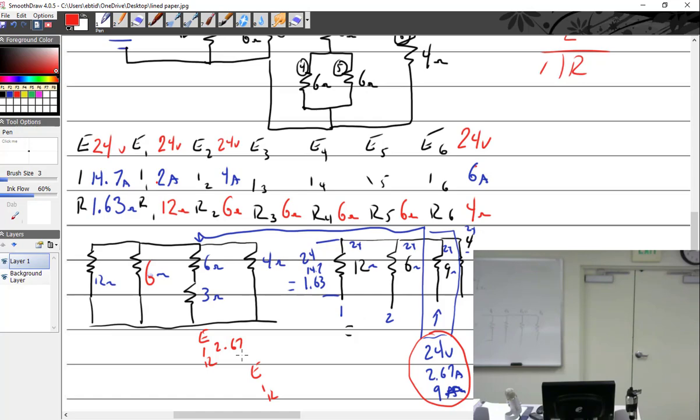R3 is just R3, so I can just plug it in here. What is it again? 16.2. And the current? 2.67. And it's 6 still? Yeah. Sweet.